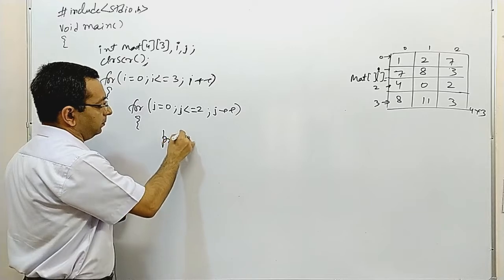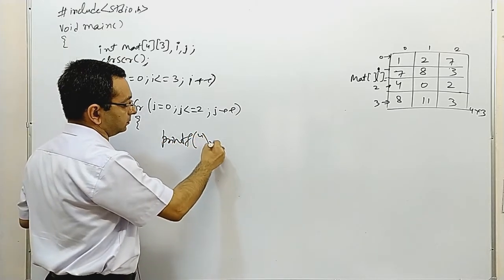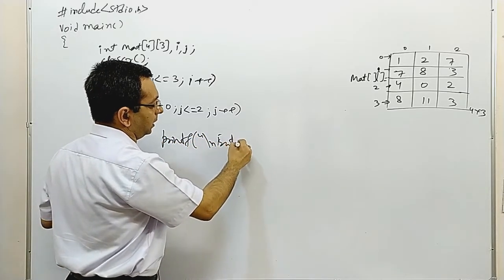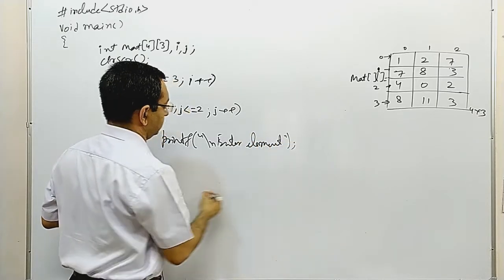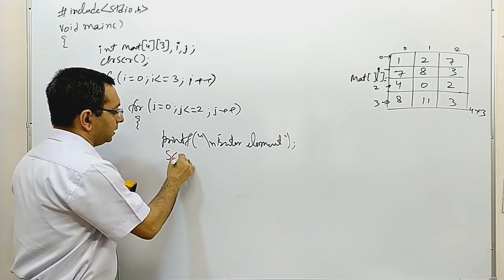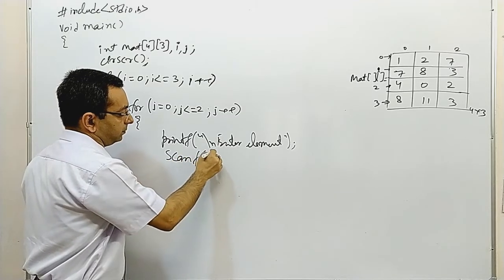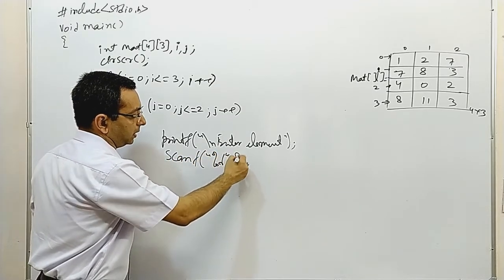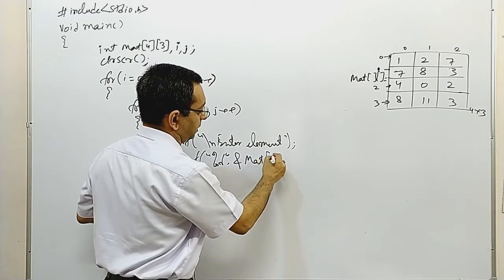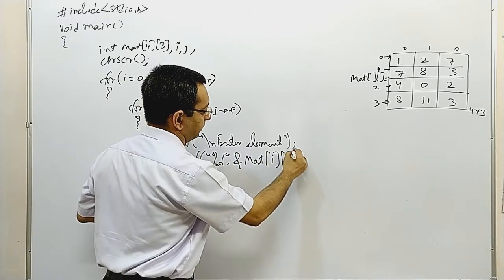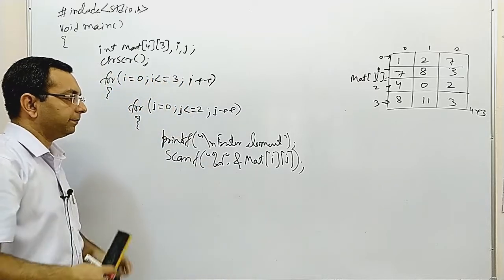So printf enter element or enter number, scanf ampersand mat[I][j]. So let's see what is happening here.